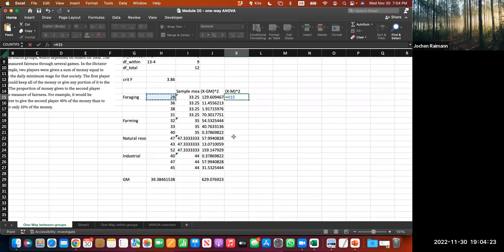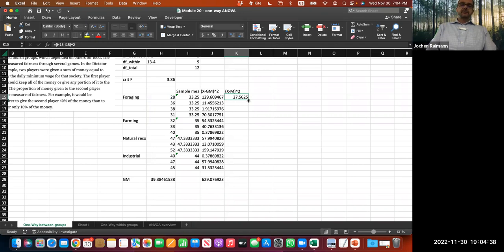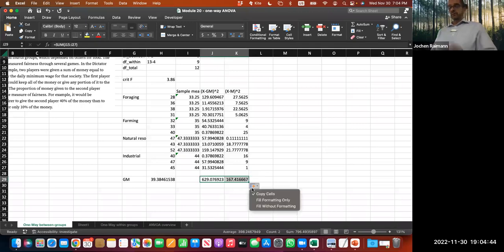That gets us, after squaring and summing it, to the sum of squares within, which notably is quite small.